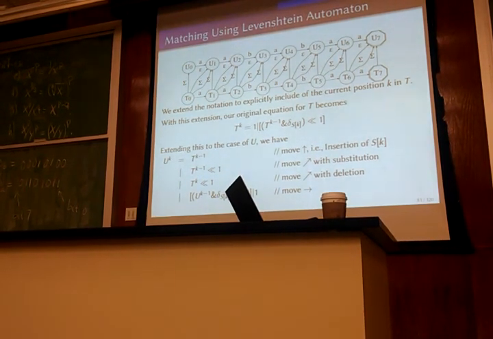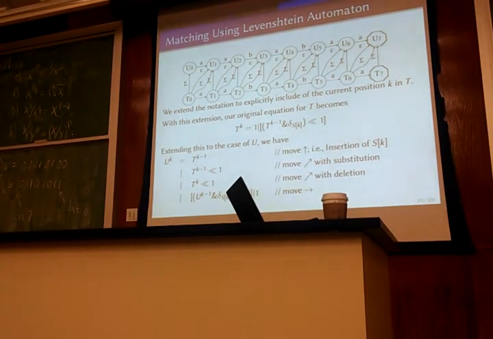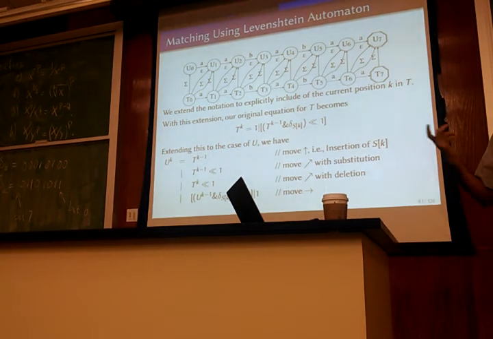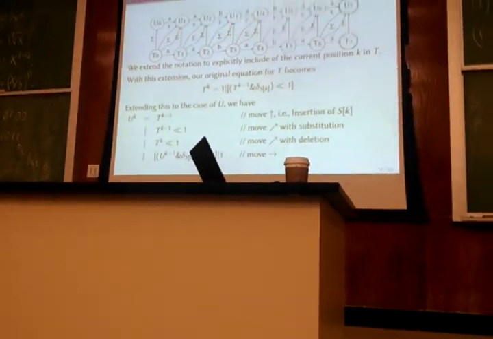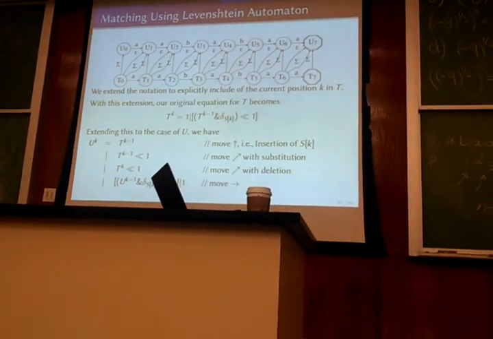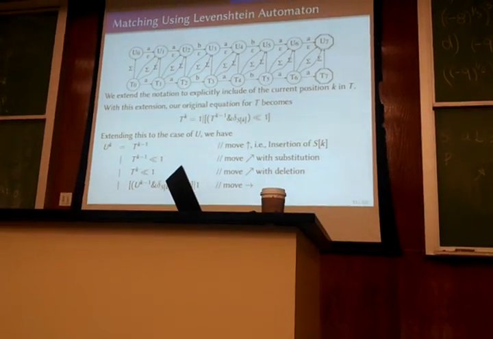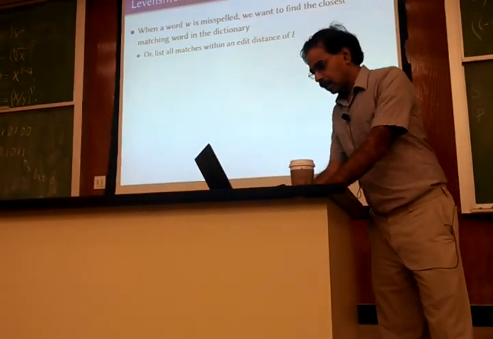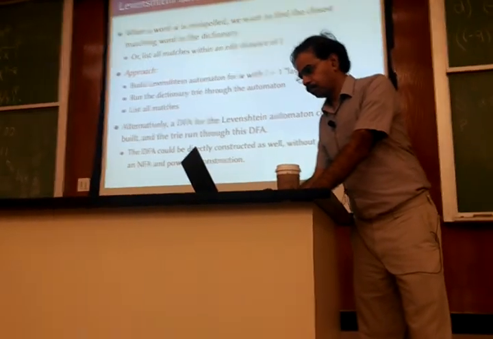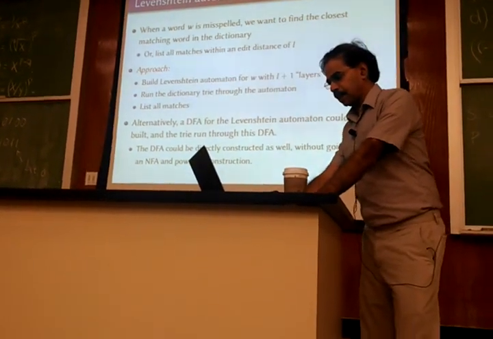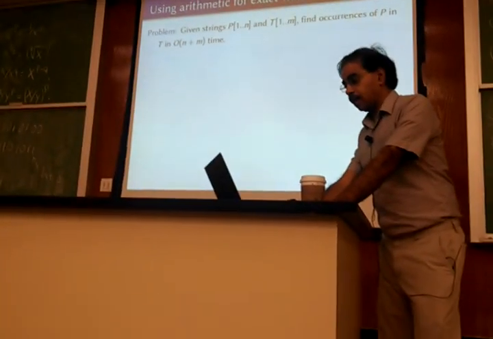If I have L stages, then I will need only order of L operations to compute all the bit masks. So in order to do approximate string matching with up to a distance of L, I'll need order of L times M operations. Let's basically stop there.